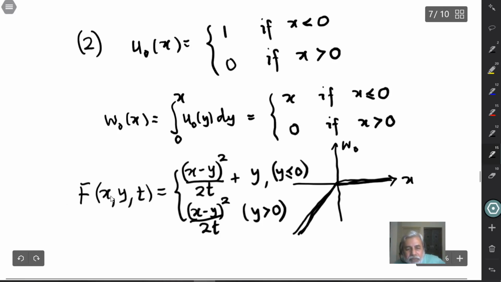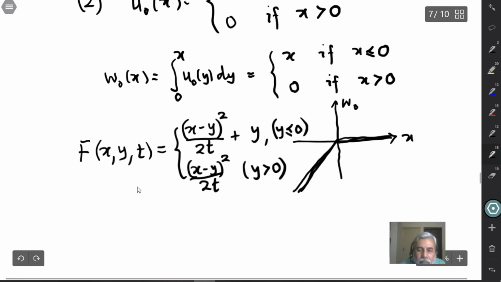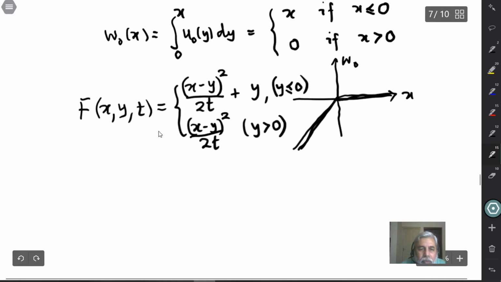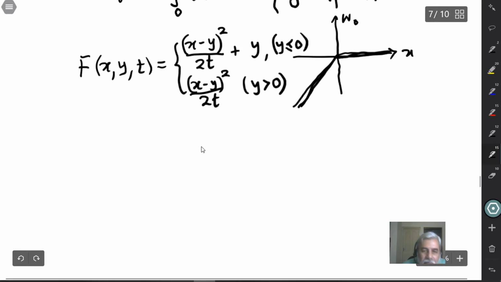Again for fixed x and t positive, you find the minimizer, and here the minimum value also comes into the picture.